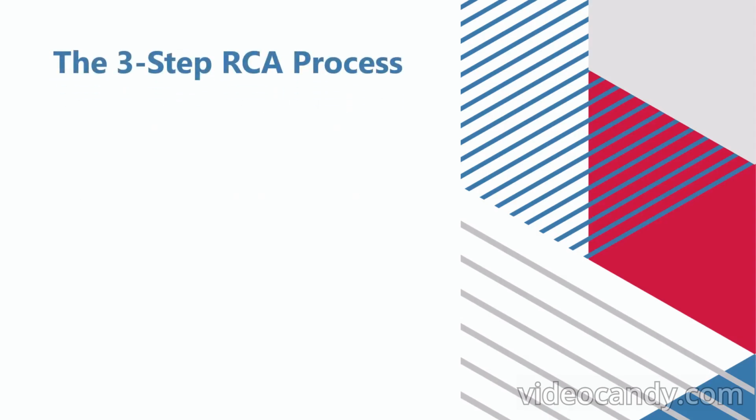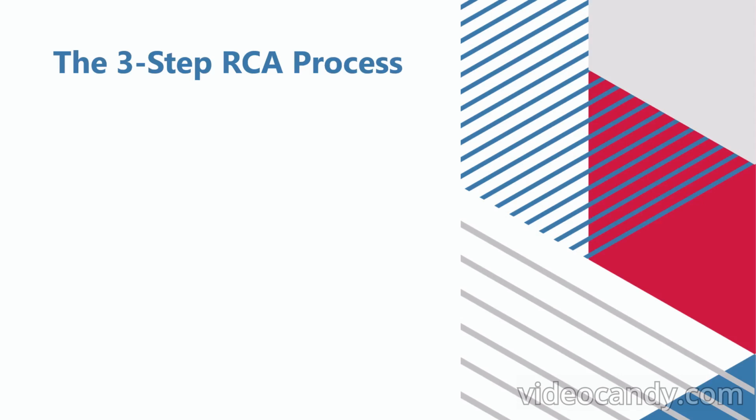So what are the three steps involved in an RCA process? First, we define the problem clearly: what happened, where, when, and what the impact was. We ask ourselves these questions, and then we go to the second phase, which is to identify all possible causes using tools like 5 Whys, Fishbone, or even FTA diagrams.